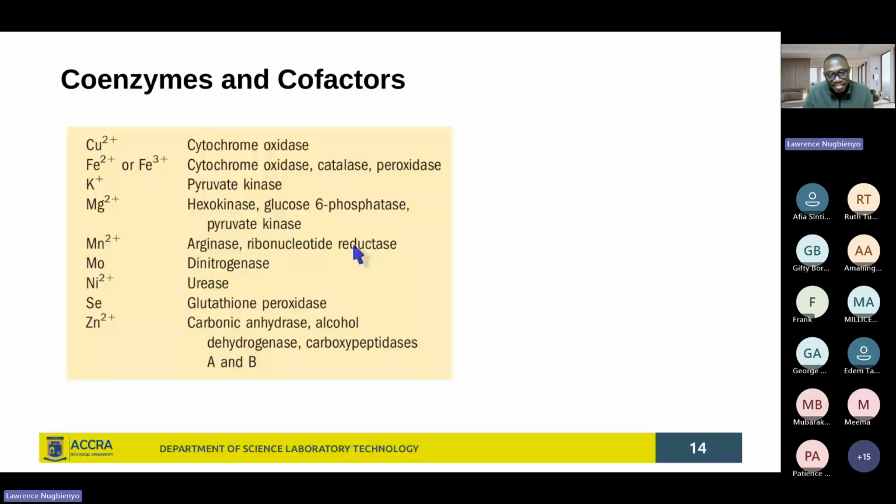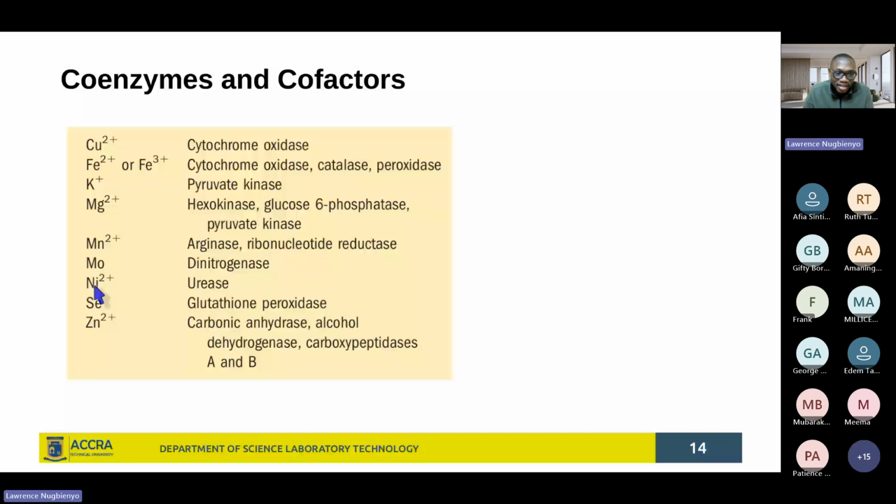So if you are applying the naming and you see reductase, it tells you it's involved in a reduction reaction. Molybdenum is a metal also involved as a cofactor with the enzyme dinitrogenase. Then you have nickel ions.